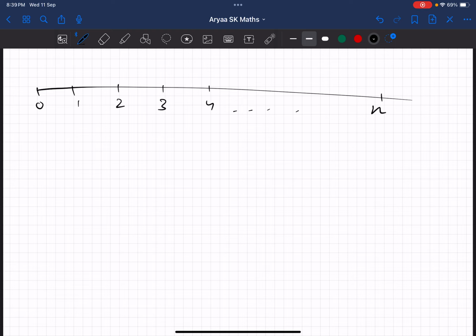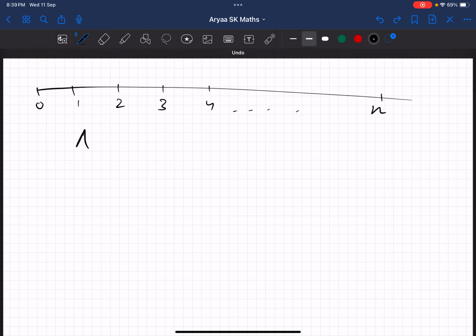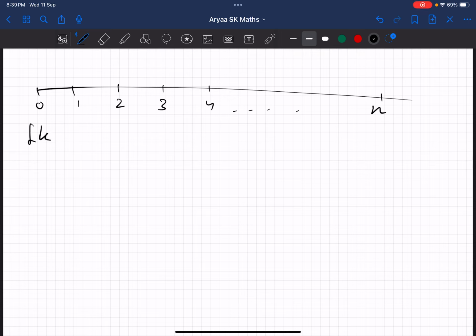Okay, so now if we pick A and B at random, say A is 1, B is 3, then, okay, so let's just, for an example, pick k as 2.